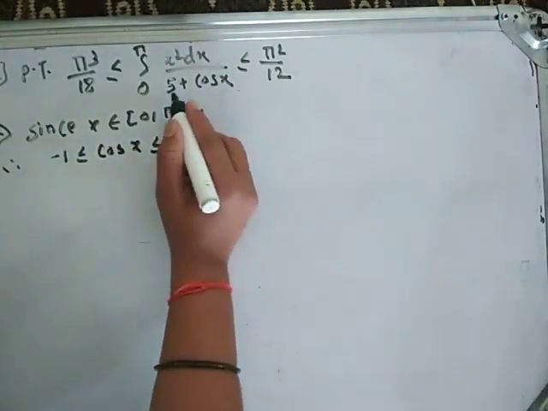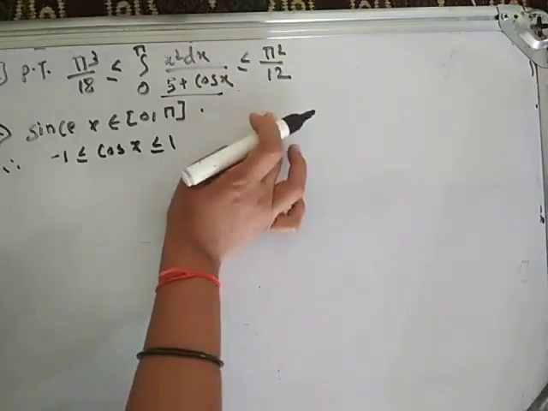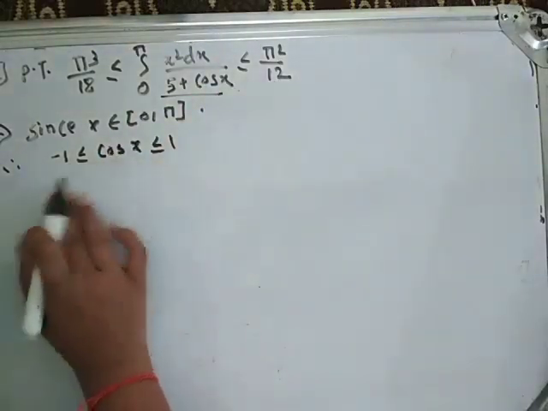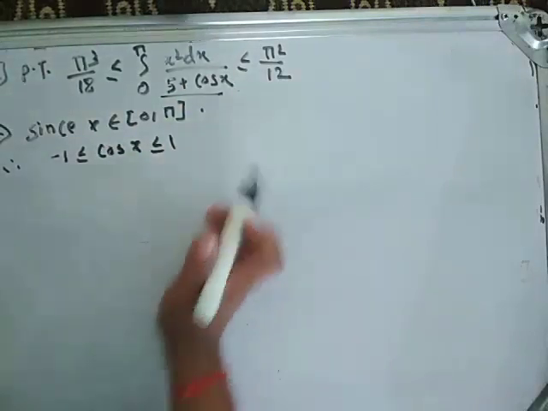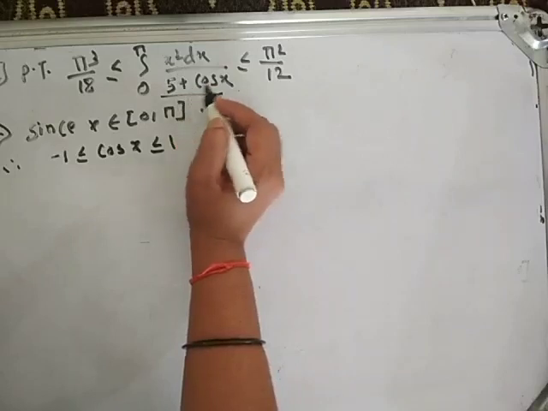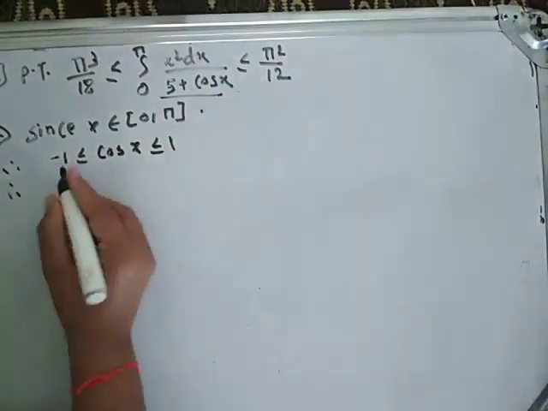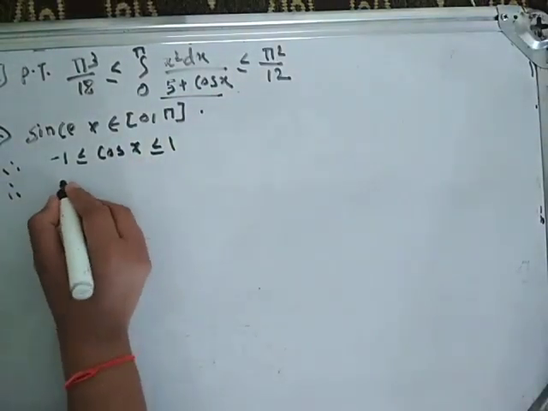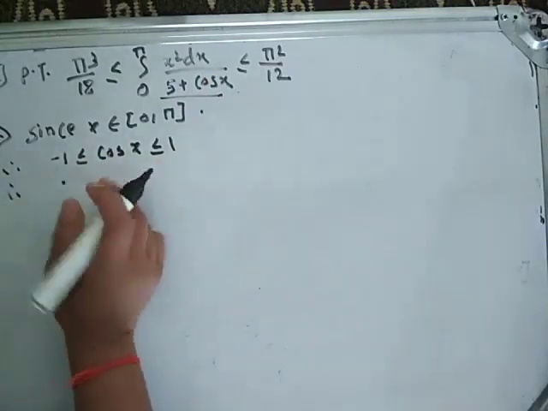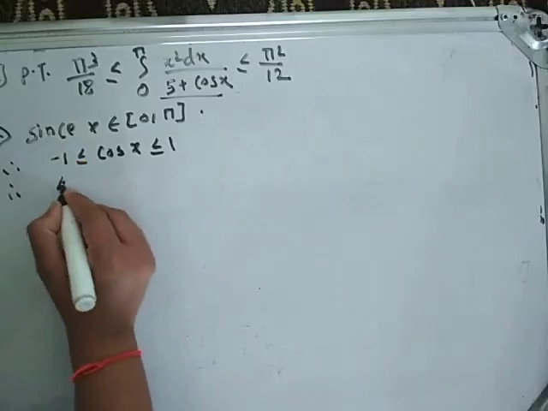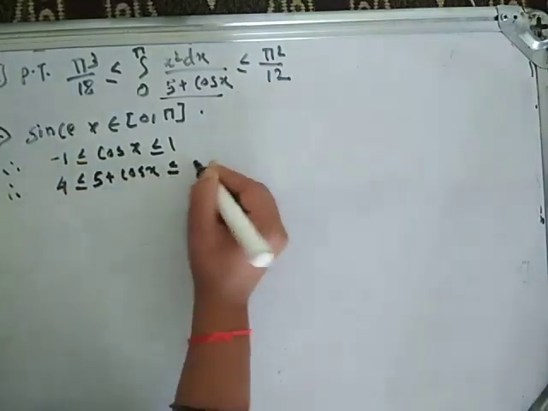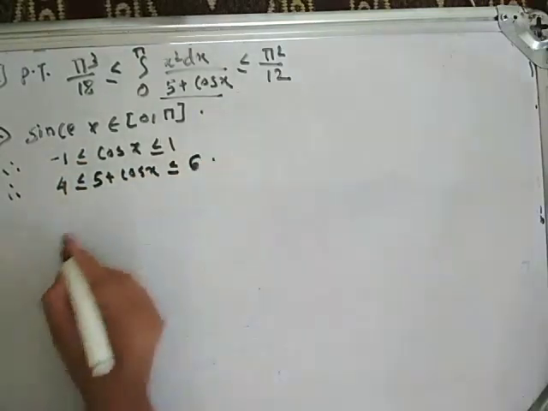Here the denominator is 5 plus cos x, so we will add 5 throughout. Our aim is to obtain this function x square upon 5 plus cos x. Therefore, adding 5 throughout, we get 5 minus 1 is 4, which is less than or equal to 5 plus cos x, which is less than or equal to 6.